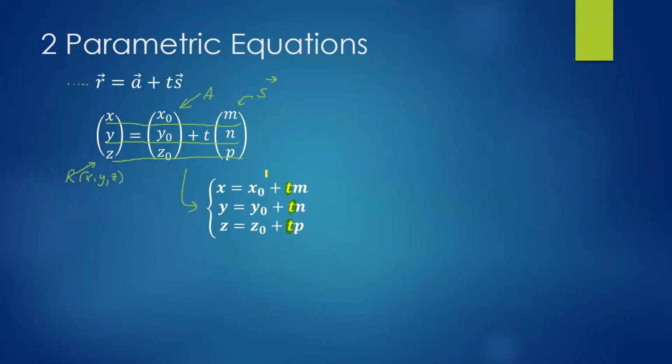If this looks a little bit confusing, perhaps again, just letters, variables, please remember that x0, y0, z0 are numbers, and m, n and p are numbers. So in fact, you will have an equation for each of the coordinates x, y, z in the parametric form. Remember, we already had parametric equations of different curves.